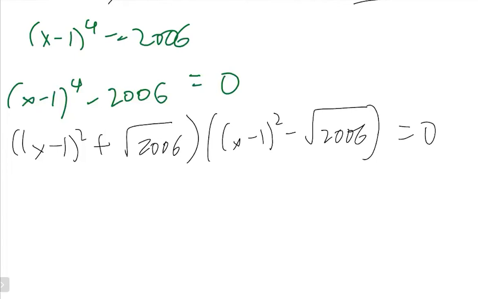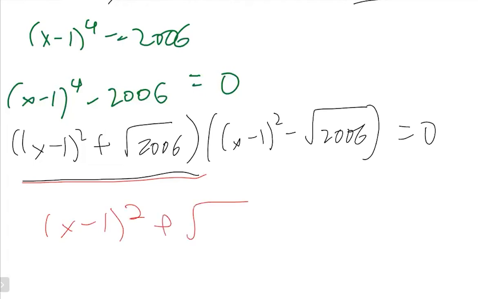So that means that any roots of the factor x minus 1 squared plus the square root of 2006 must be non-real, right? So we want to know the product of the roots of x minus 1 squared plus the square root of 2006.